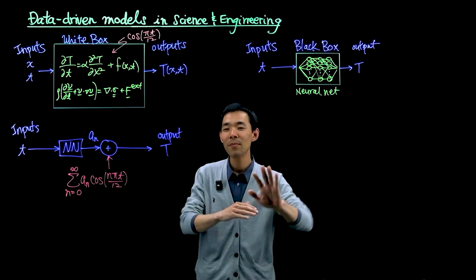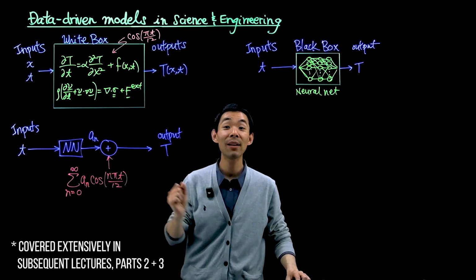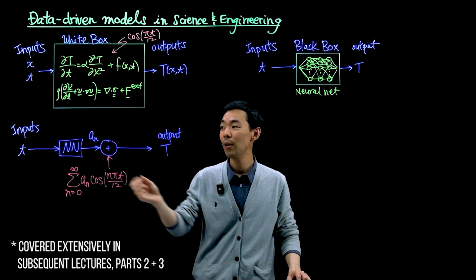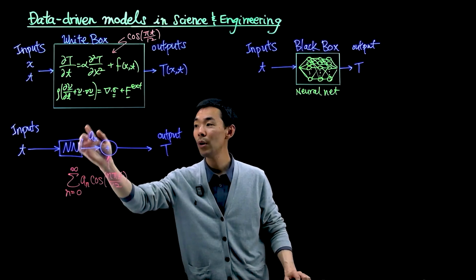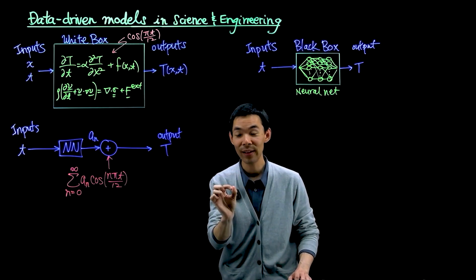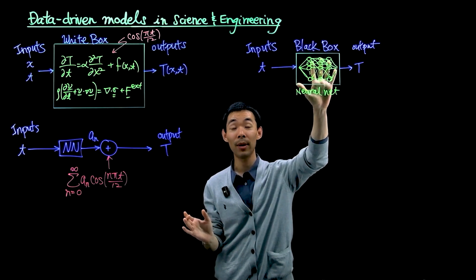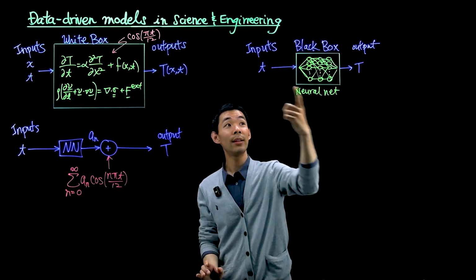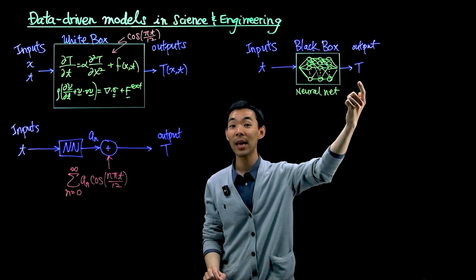But in general, in examples that we'll cover later in this lecture, it could be some kind of neural network or machine learning model that connects the inputs t, time, to the coefficients a sub n. So the key difference between what we have here and this purely black box model is that in the black box, the neural network is learning the dependence from time all the way to temperature.